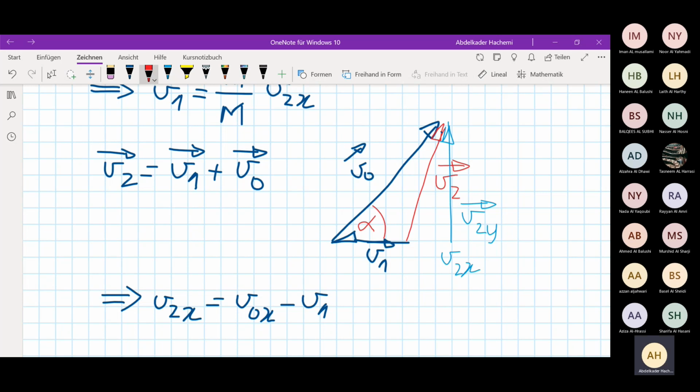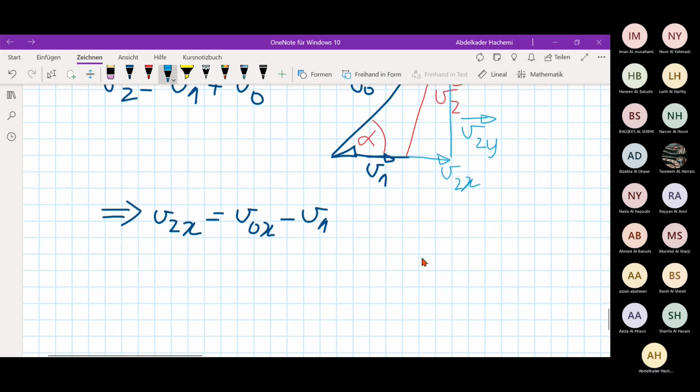This is now V2, and here we have V2x, which is V0x minus V1.